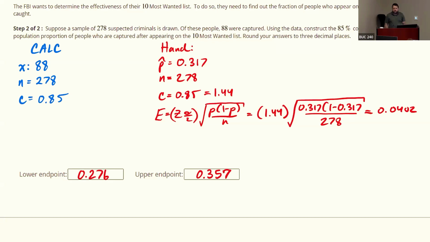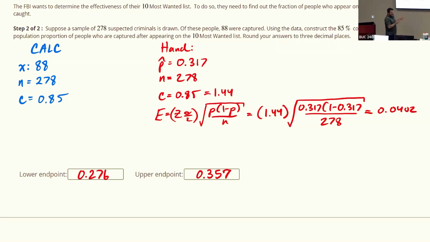But before you leave, what is that saying? Literally, what is that telling you right now? Is my true proportion what it has up there? Or is there a variance in there? We're pretty confident.